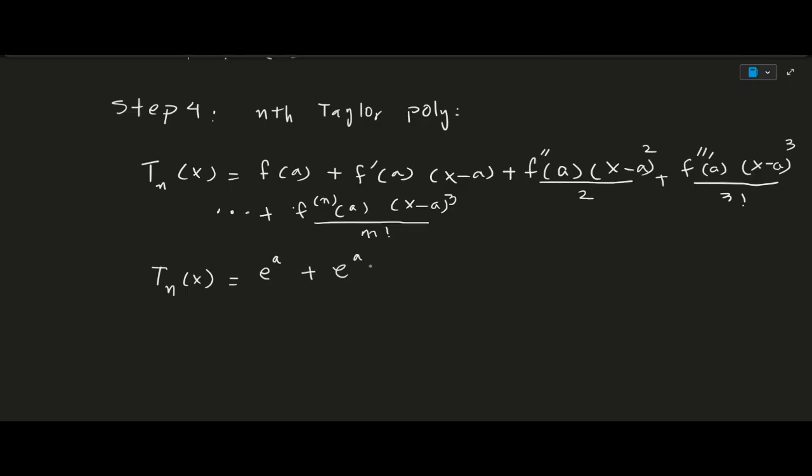F prime was e to the a. F double prime was e to the a. And all the way, f n evaluated at a is that.